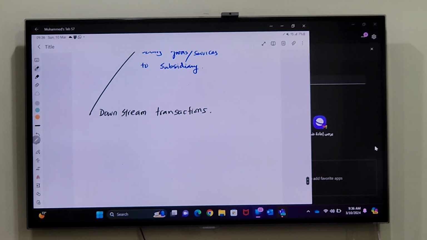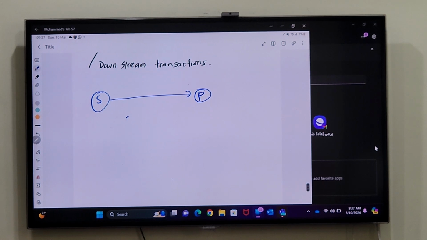Now, if the subsidiary is selling goods and or services to the parent, how do I name this?